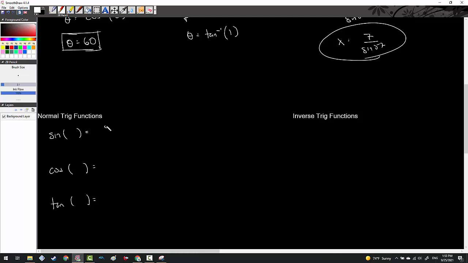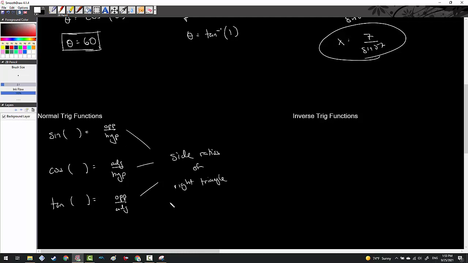And so sine is opposite over hypotenuse. Cosine is adjacent over hypotenuse. And tangent is opposite over adjacent. Now, all three of these things, opposite over hypotenuse, adjacent over hypotenuse, opposite over adjacent, they all refer to one thing. These are side ratios of a right triangle.